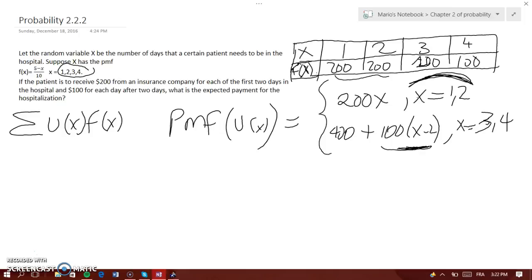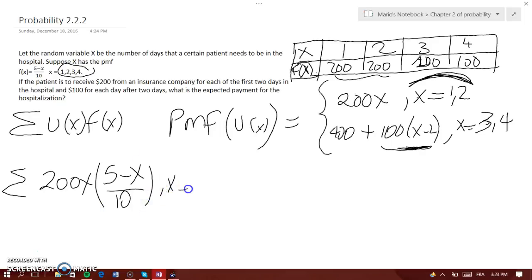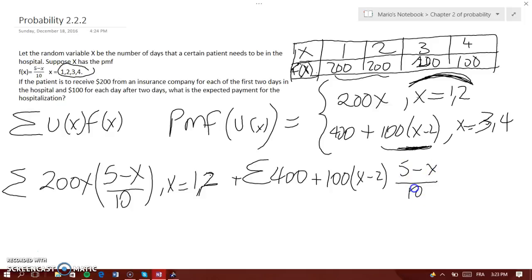So it's going to be the expected value of 200x times f of x, which is 5 minus x over 10, where x equals 1 and 2, plus the expected value of 400 plus 100 times x minus 2, times 5 minus x over 10, where x equals 3 and 4.